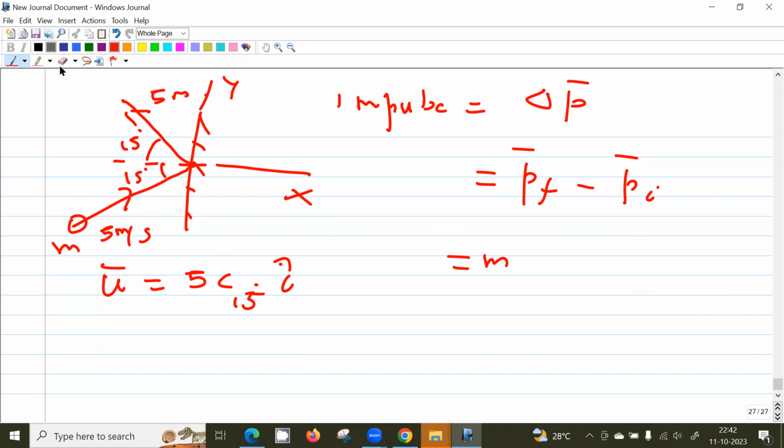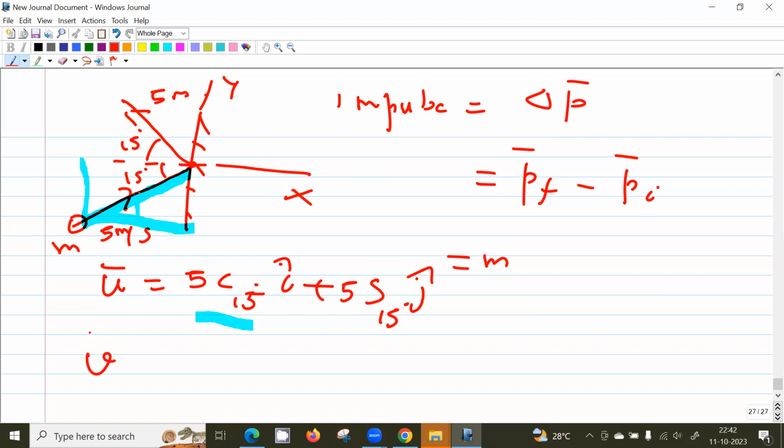This incoming velocity I can split into two components. One is the horizontal component, which is u cos 15, because this angle is also 15 degrees, and the direction is i cap. The vertical component is u sin 15 in the j cap direction.